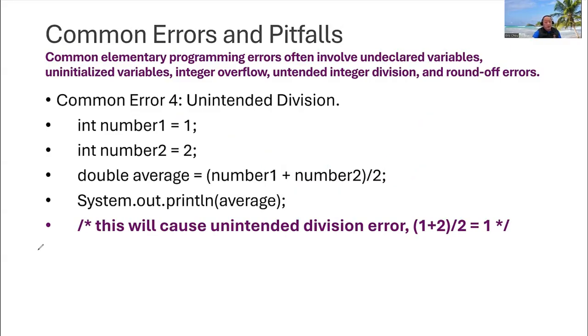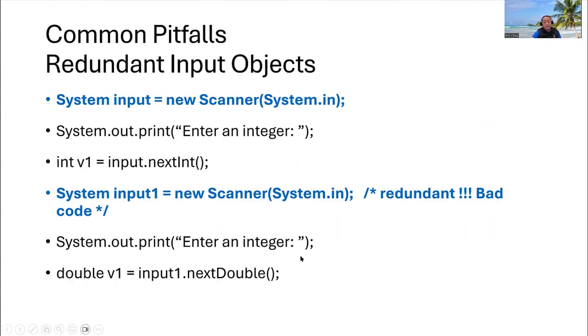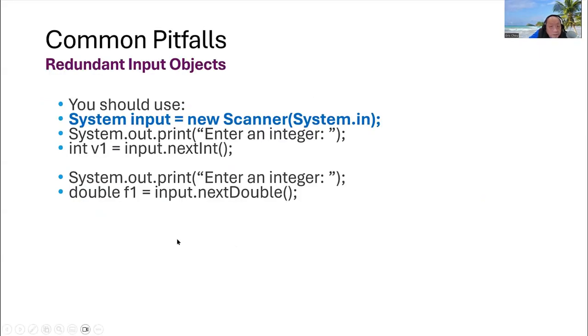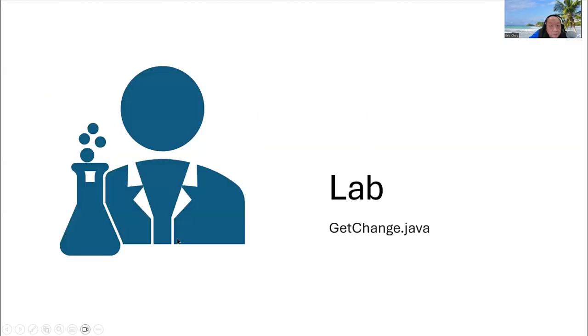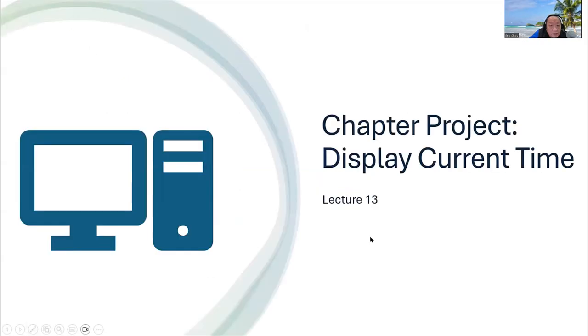Then that will be fine, okay? And if you want to input 2 variables, do not declare input 2 times. You just need to hook up your keyboard to the input once. You don't need multiple of them. There's a get change program, you can write it for yourself, okay? We don't write it.